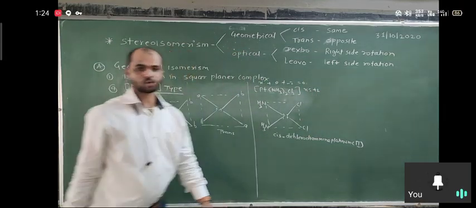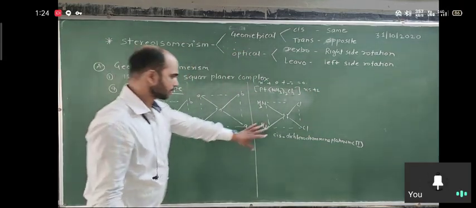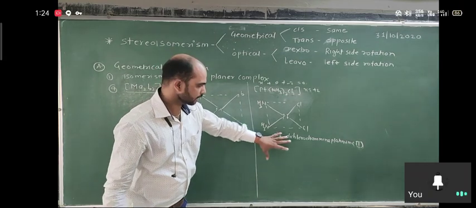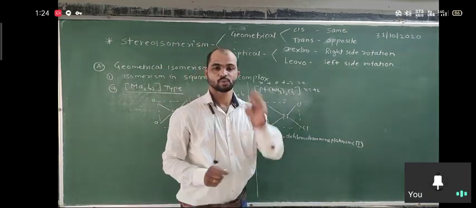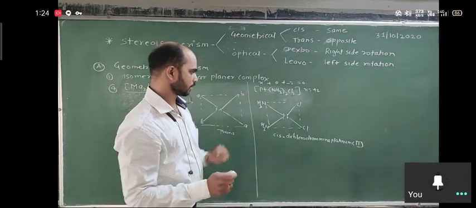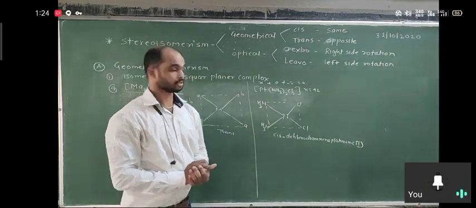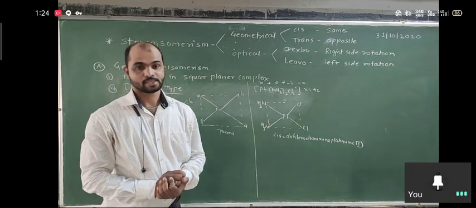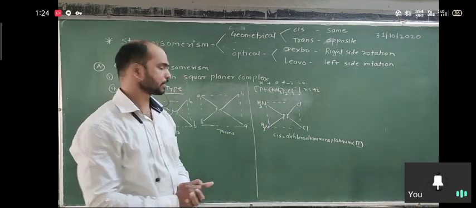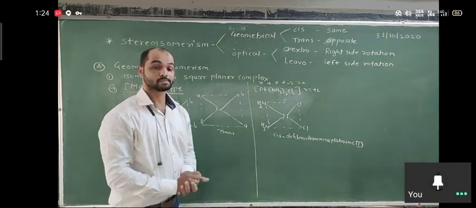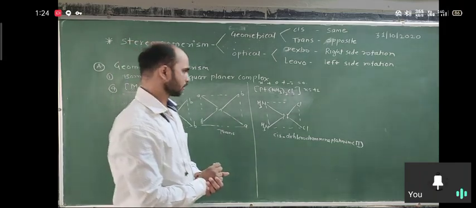So plus 2 is the oxidation state. This is the cis isomer, and this is called cisplatin, which is the medicine or drug used to cure cancer. So it is an anti-cancer drug. It is cisplatin, for your information. Write down, cisplatin is the anti-cancer drug.